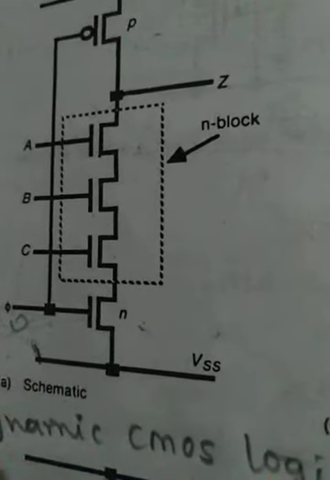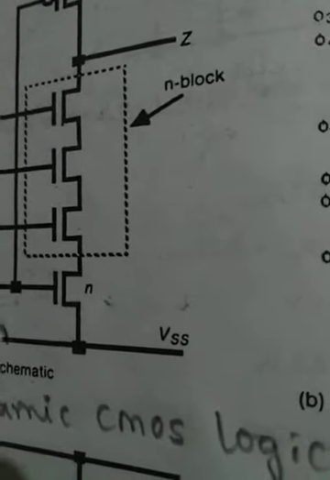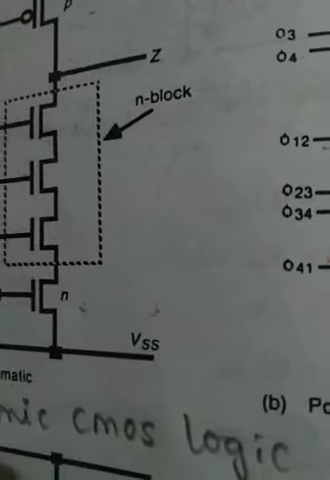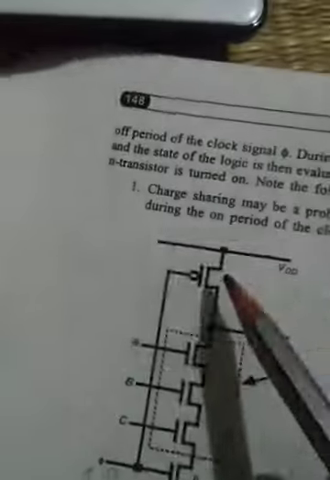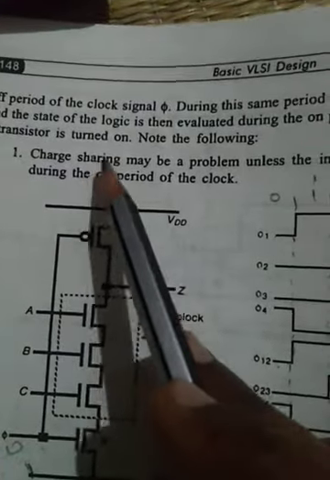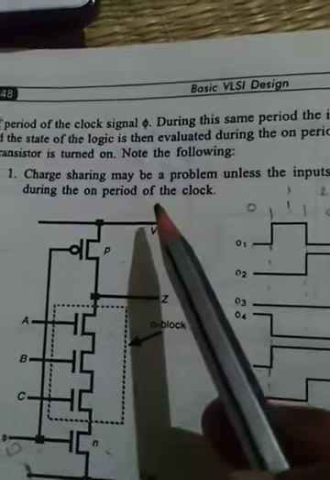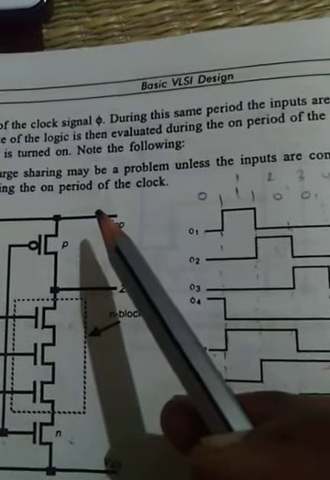So the next is some problems we can see in dynamic logic. The first problem is charge sharing, which occurs if the input changes during the on period of the clock.